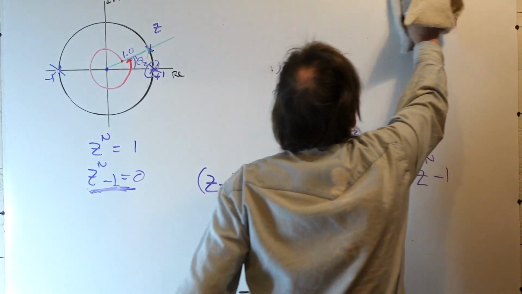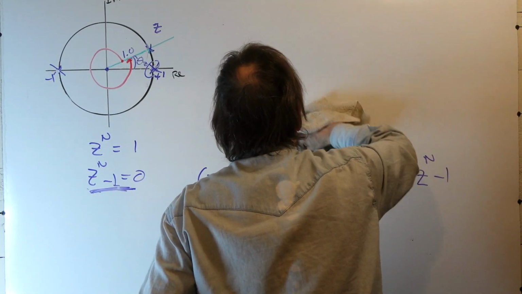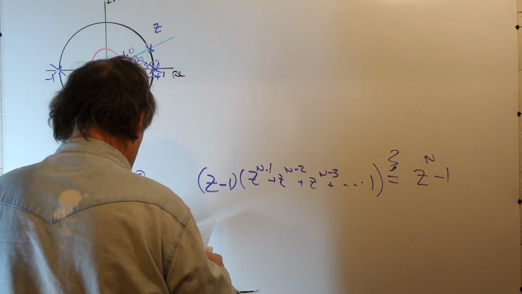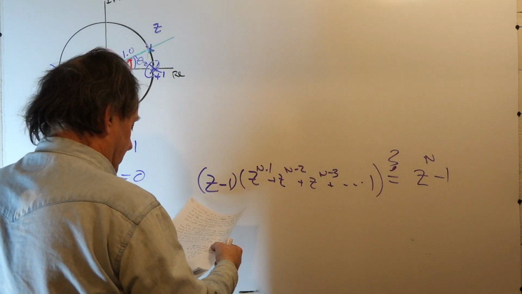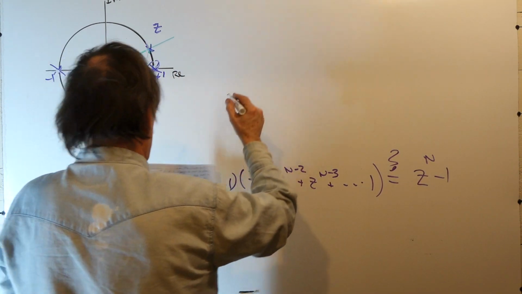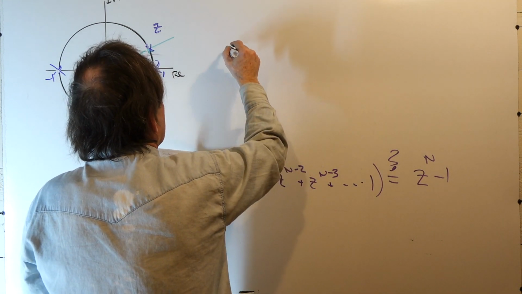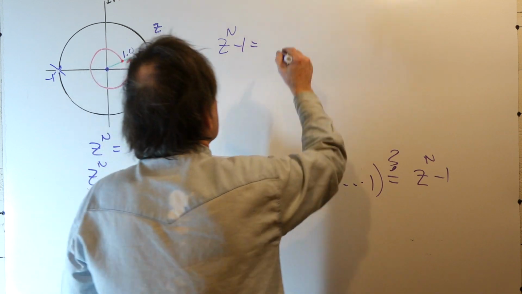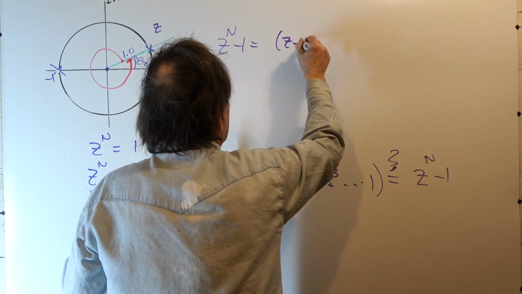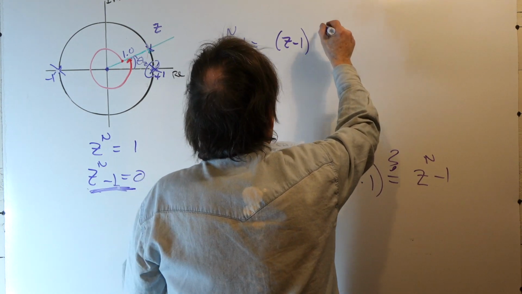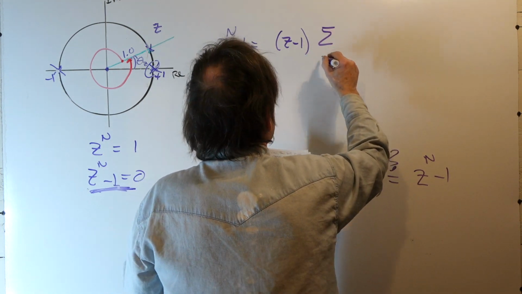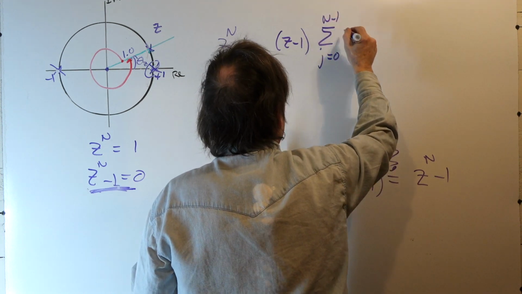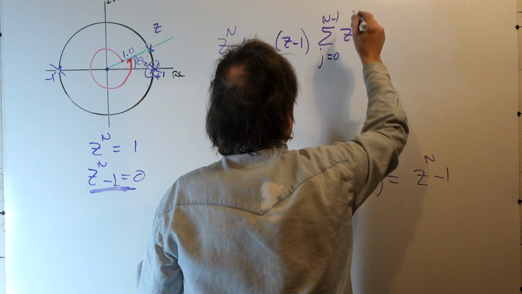Okay, well, let's look at it. I want to know if z to the n minus 1 is equal to this factor, z minus 1, times the depressed equation, which is the sum from j equals 0 to n minus 1 of z to the j.